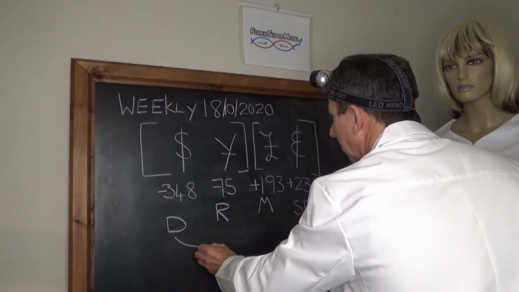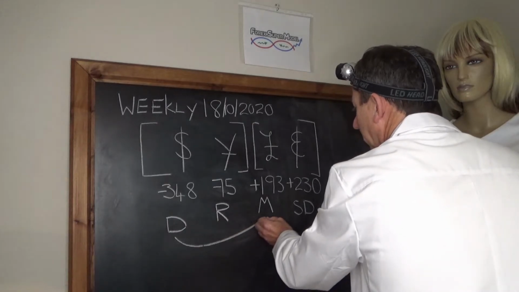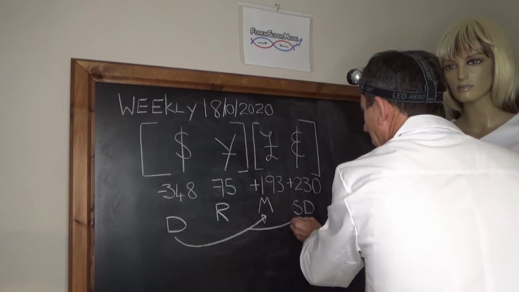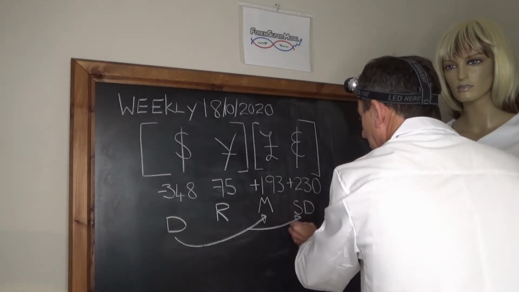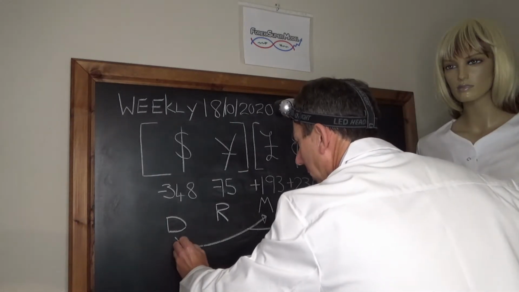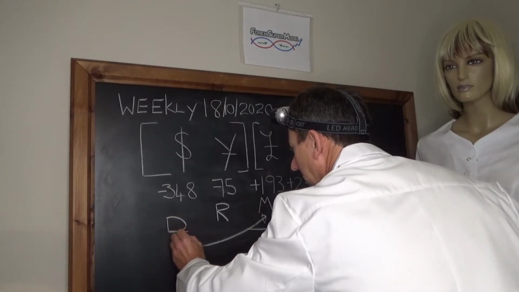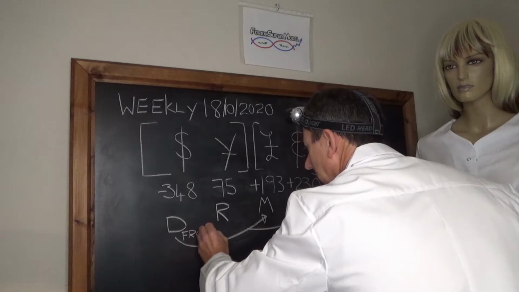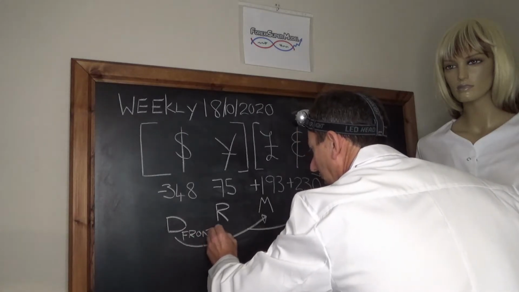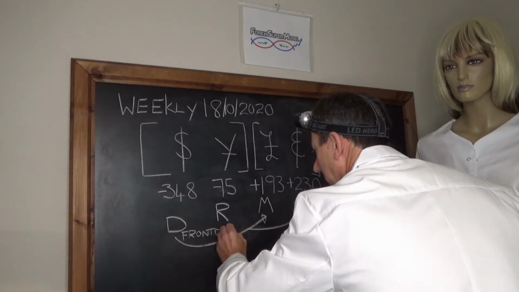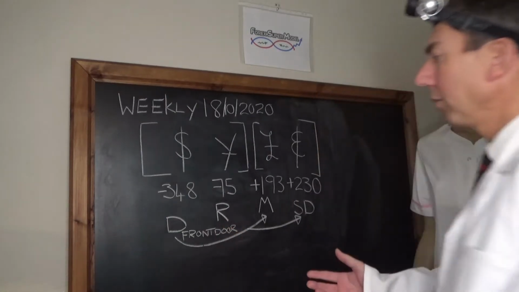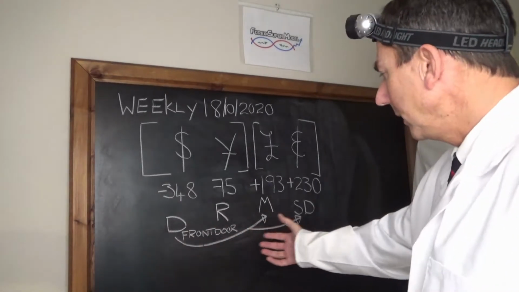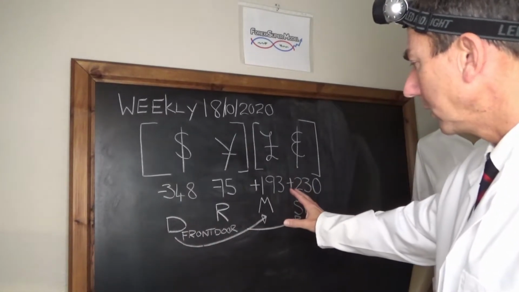So in this case, front door flows are to the pound, and they're also to the euro. We call them front door because they're from the driver and they go into the other complexes.